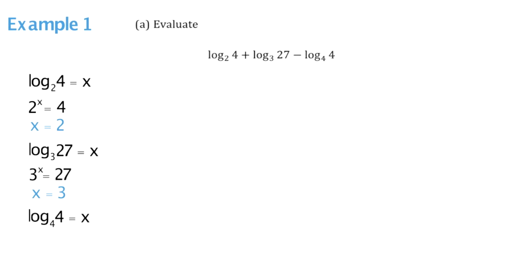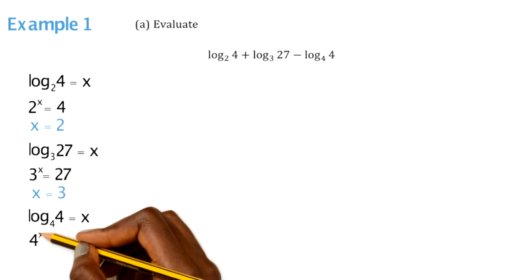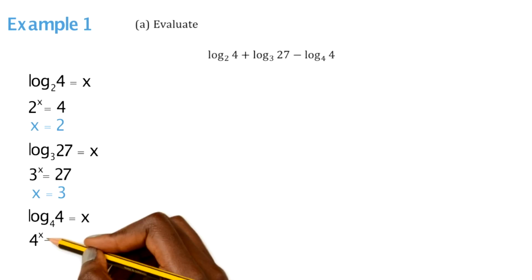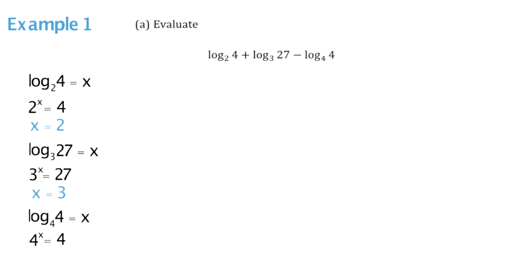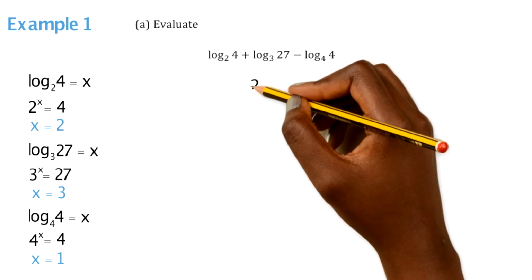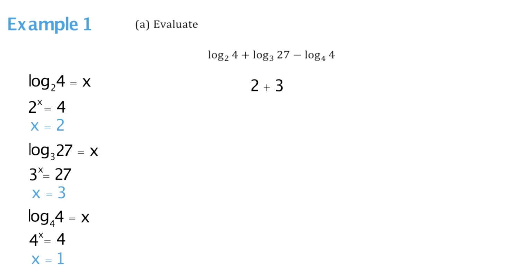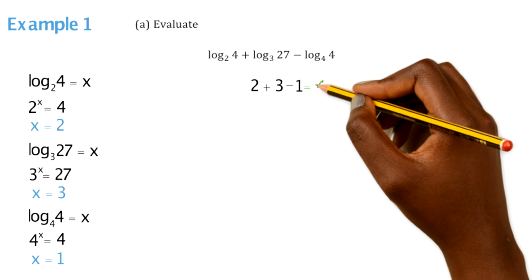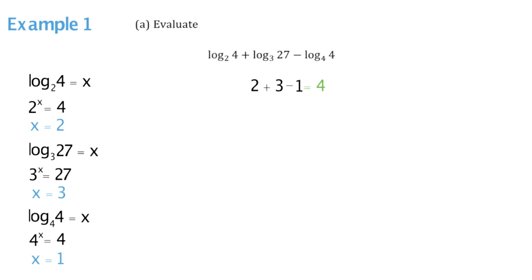And if that's equal to x, that would rearrange to 4 to the power of x is equal to 4. And anything to the power of 1 is itself, so therefore x is equal to 1. So now putting these numbers back in, we would end up with 2 plus 3 minus 1. 2 plus 3 is 5, minus 1 is 4. And that's your final answer.